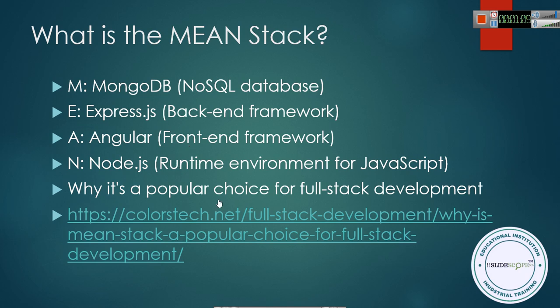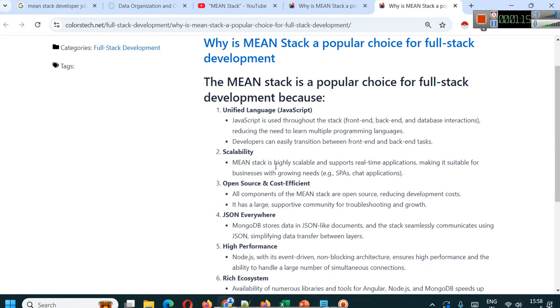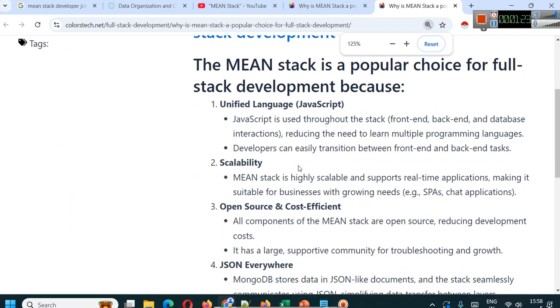And why is it a popular choice for full stack development? The MEAN stack is a popular choice because it has a unified language, which is JavaScript. JavaScript is used throughout the stack: front end, back end, and database interactions, reducing the need to learn multiple programming languages.